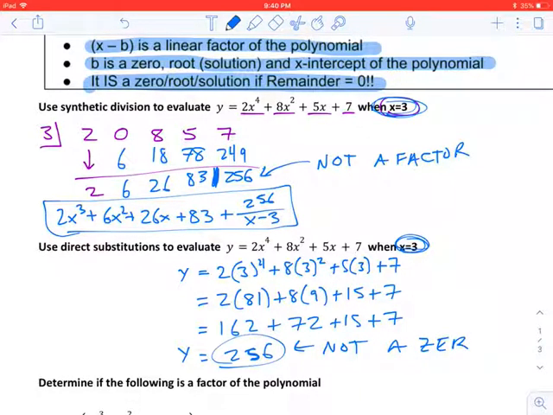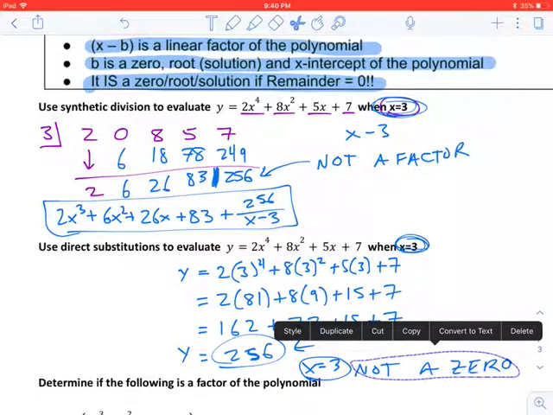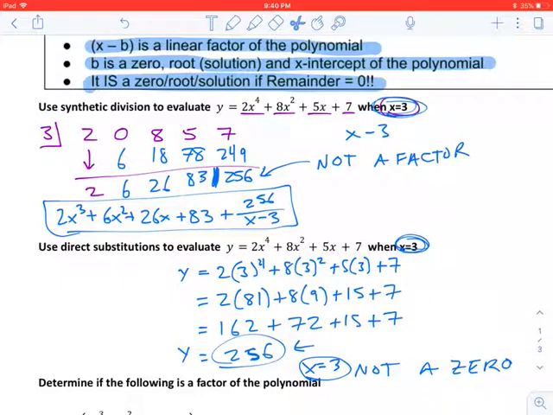We're not saying that's not a 0, but x equals 3 or x minus 3 is not a factor, or x equals 3 is not a 0, and so on. So really I should be saying this is not a 0.